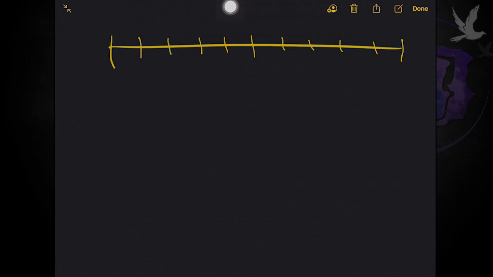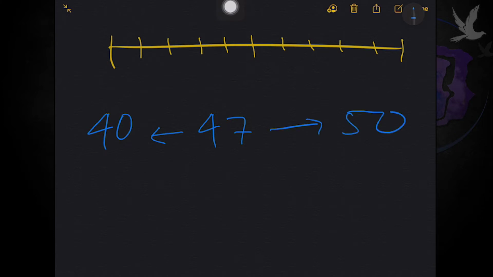So let's say we have 47. So 47 will either be rounded off to 40 or 50. Okay? So do you get the logic there? This number is between 40 and 50. It's just that we have to find out which number it is nearest to.